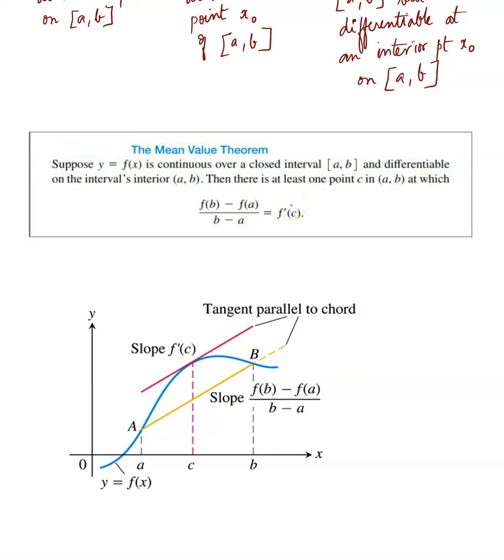In other words, the mean value theorem, the shortcut for that is MVT. Remember, EVT was extreme value theorem. This is mean value theorem.